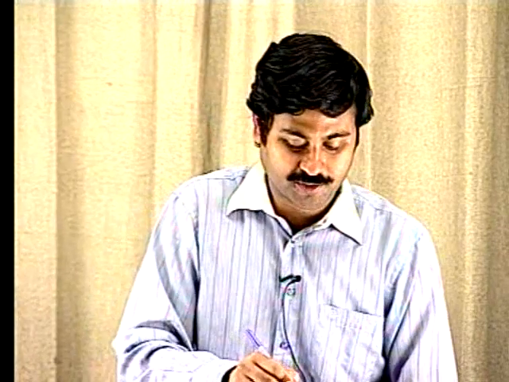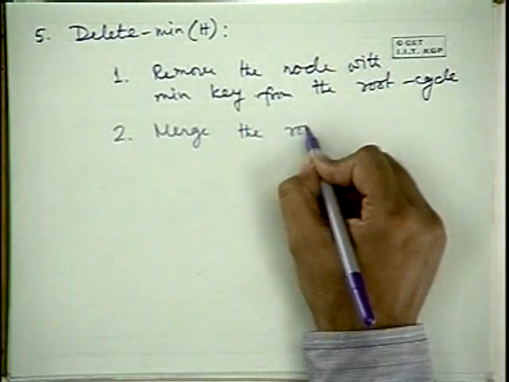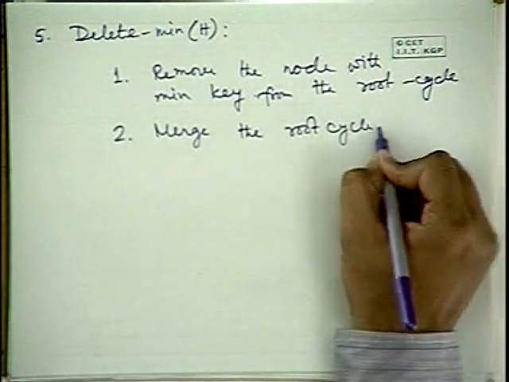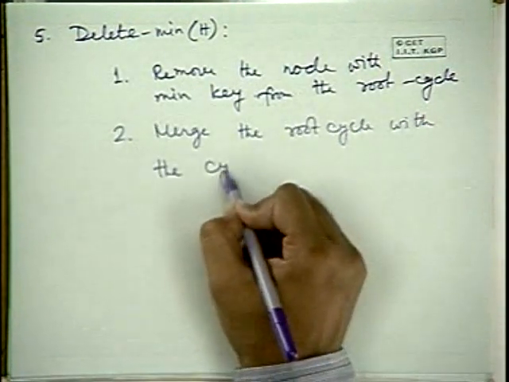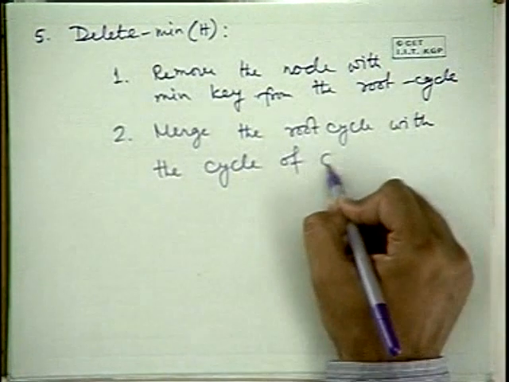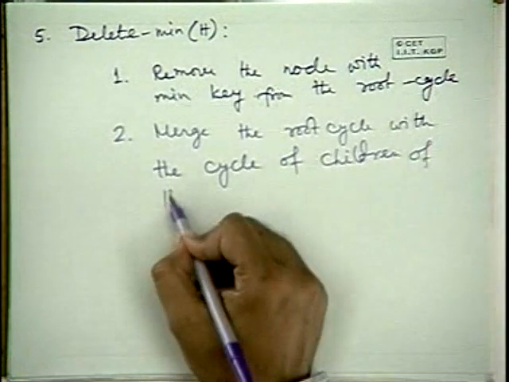You merge the root cycle with the cycle of its children. Merge these two cycles into one now.